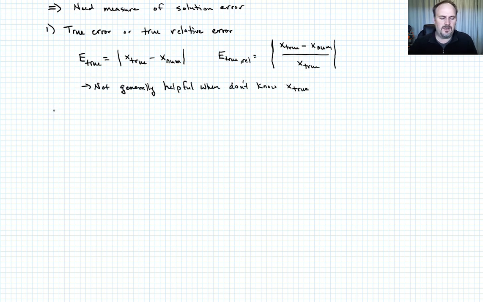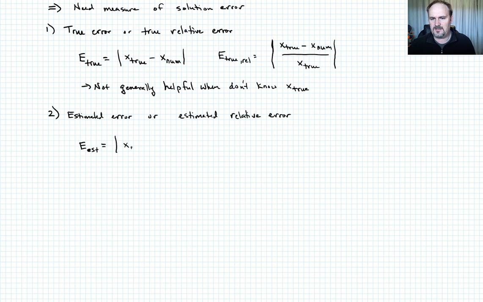So another type of error that is a little bit more common to use is the estimated error or the estimated relative error. The estimated error, I'll put EST for estimated, is going to be equal to the magnitude of x n minus x n minus 1, where x n minus 1 is the solution at the n minus 1 iteration, and x n is the solution at the nth iteration.